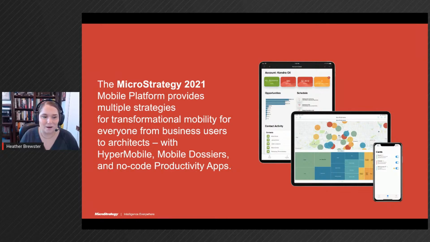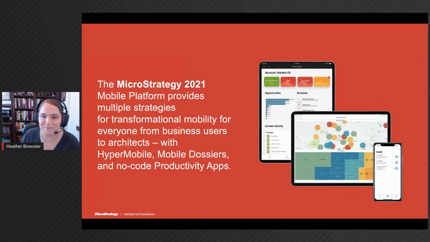I also want to highlight that MicroStrategy's 2021 mobile platform offers multiple strategies for transformational mobility, depending on the needs of your business, including Hypermobile, MicroStrategy Mobile, and Library Mobile.